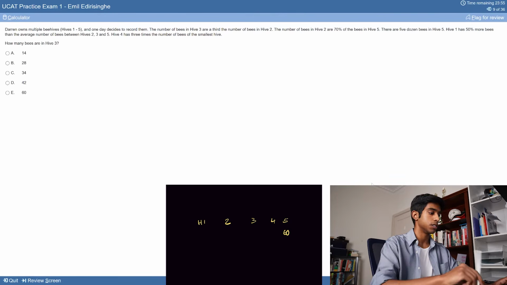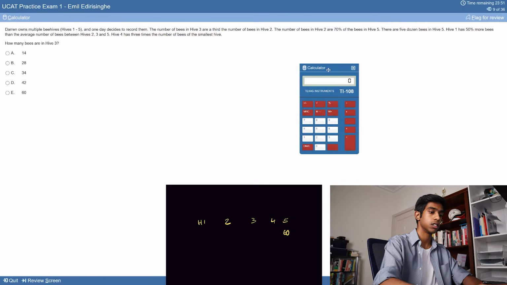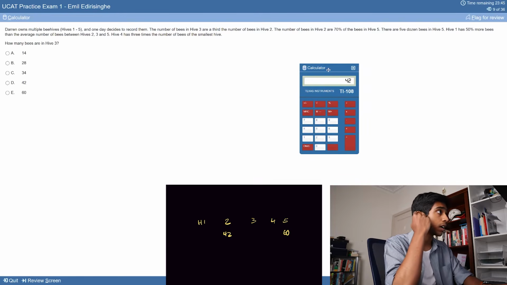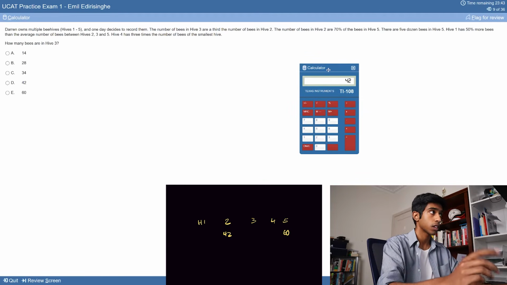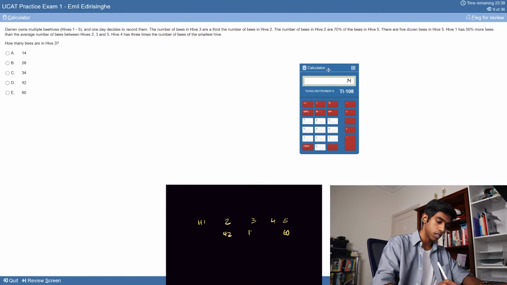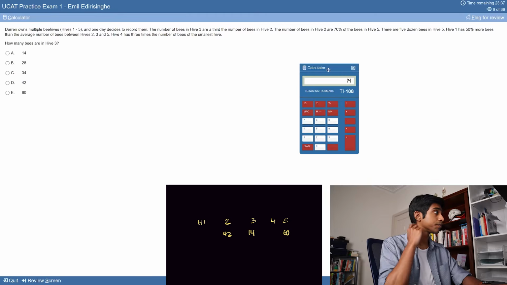Number of bees in hive 2 is 70% of the bees in hive 5, so 60 times 0.7, 42. Hive 3, a third of the number, divided by 3 is 14. So yeah, there's 14 bees in hive 3.